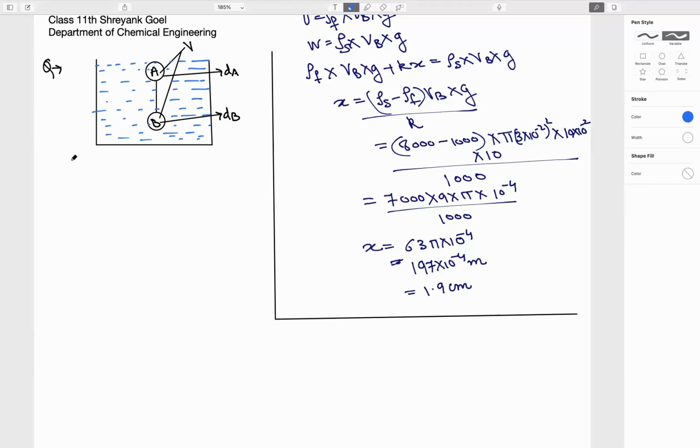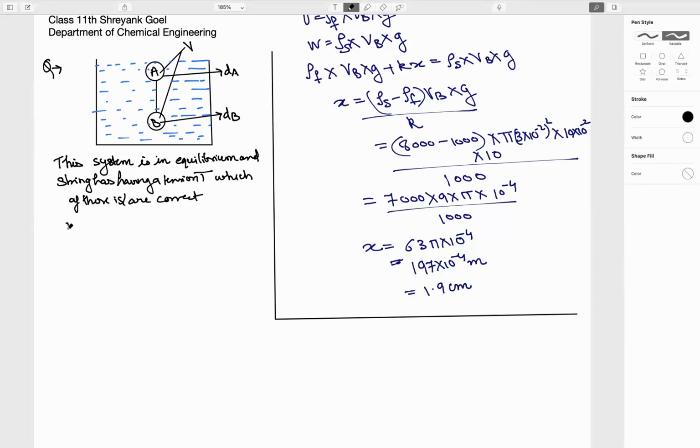It is given that this system is in equilibrium and the string has a tension T. Which of these are correct?